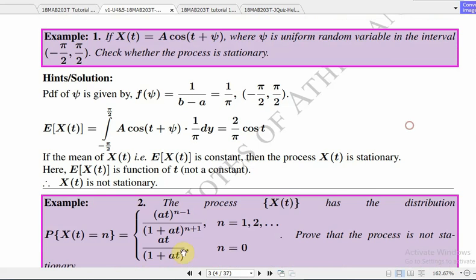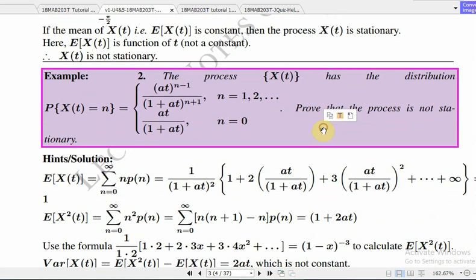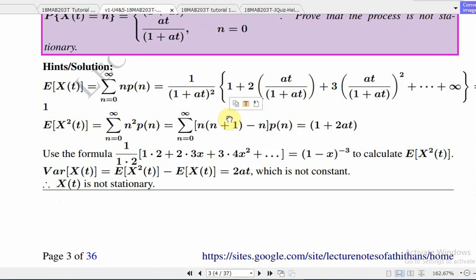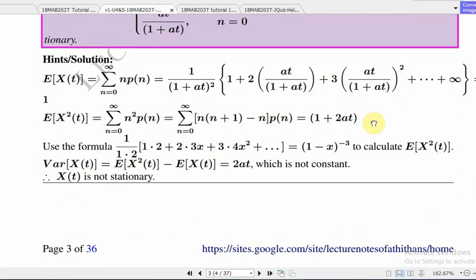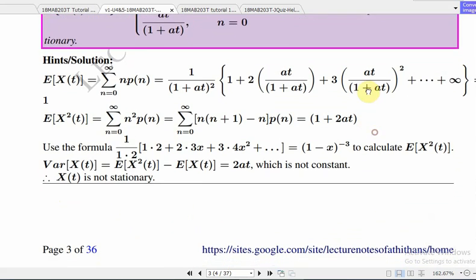This problem we have seen in the class. We have the discrete case here and we proved E of x of t. The question is to prove not stationary. We have considered here n into p of n. We have discussed this in detail in the class, so I just leave this.